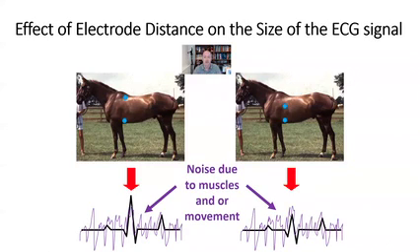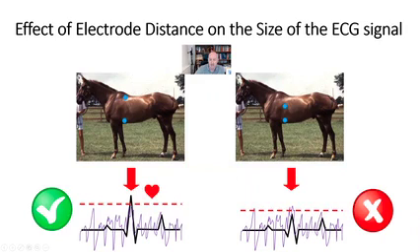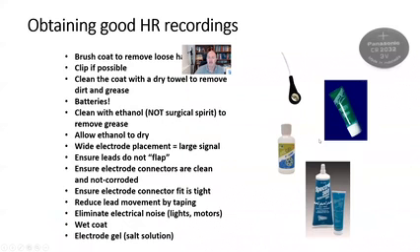The muscles are generating small electric currents, which will be picked up on a heart rate monitor ECG. And you will also get movement of cables, which can cause you to have this noise. The problem is, if your signal is above that noise, you'll get a beep registered. If that signal is swamped by this noise, then the heart rate monitor may not be able to pick up a signal.